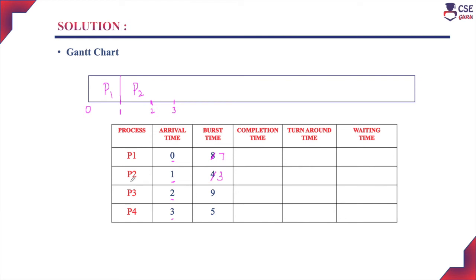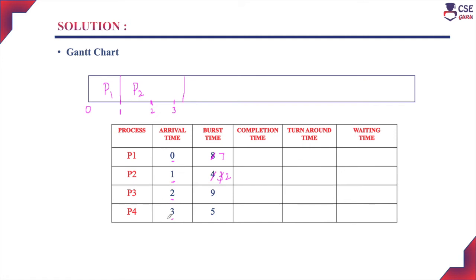Process P2 has completed 2 millisecond of its execution, so its remaining time is 2, and process P3 CPU burst time is 9. Process P4 burst time is 5. If you are comparing all the four processes, process P2 has the least remaining CPU burst. So P2 will continue its execution.